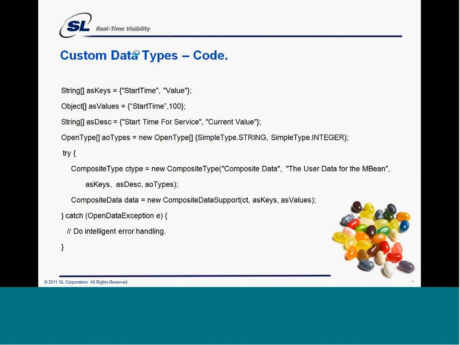You have to create the description even if you don't use it, so if you wanted to leave it blank, you still need to put blank values in there. If these arrays are not the same length, it will throw an open data exception down at the bottom. And then the last part is where you're actually creating the open types, which define the data types.